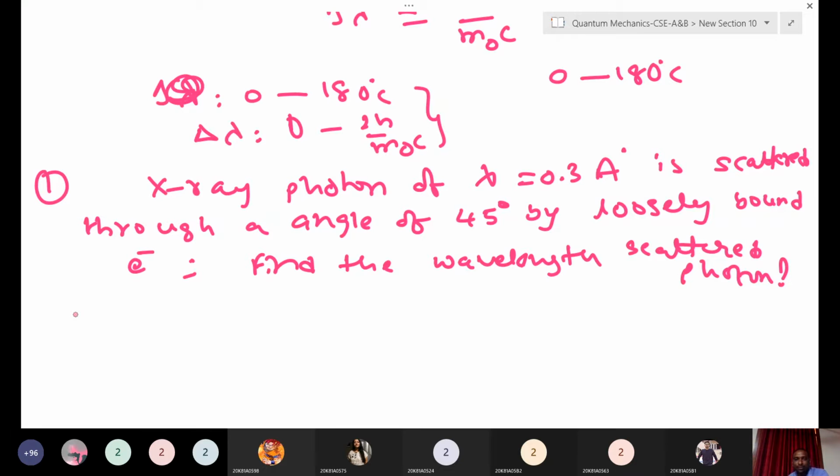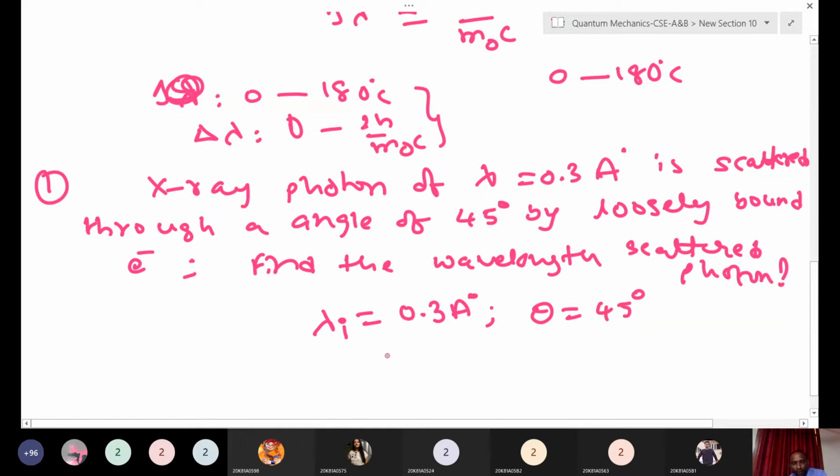The incident wavelength is given, that is lambda I, 0.3 angstrom, right? And the scattering angle theta is given as 45 degrees. Then what we have to find is lambda F, the scattered photon wavelength.